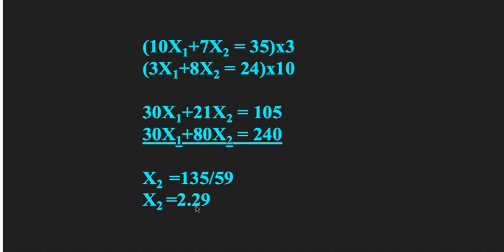So what we are going to do, we are going to place this x2 is equal to 2.29 in any of these two equations, and then we are going to get the x1 value. You can take 3x1 plus 8x2 is equal to 24, substitute x2 is equal to 2.29 here, and calculate the x1 value.